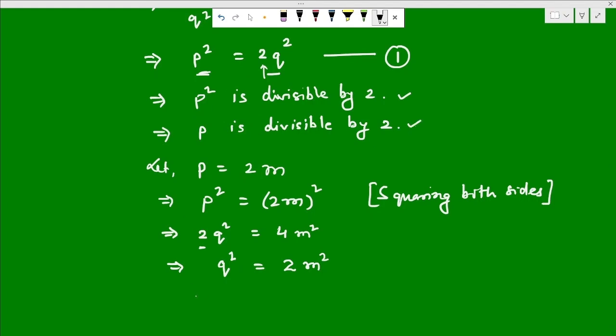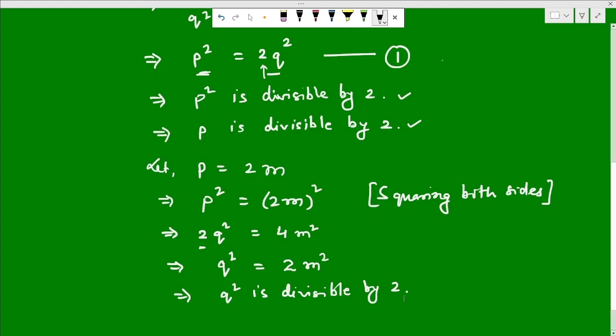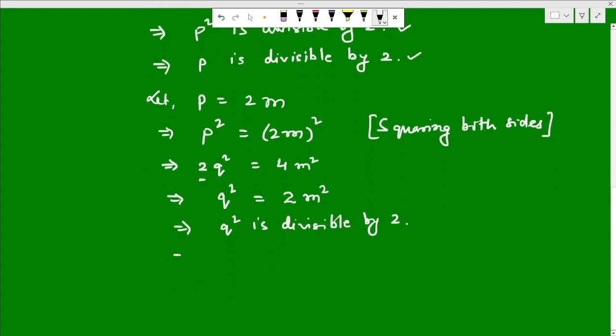In the same way, here we can conclude that q square is divisible by 2, and so q is also divisible by 2.